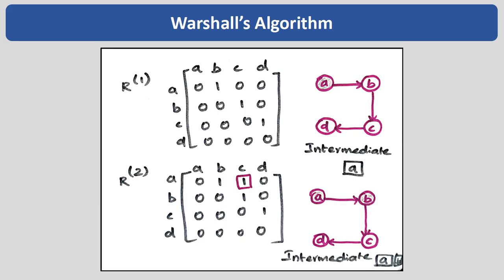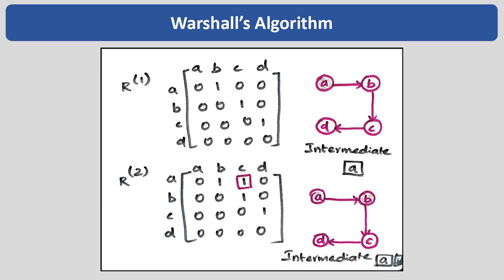But when you observe R2, now we are going to construct R2, right? So you just see A and B remain same. Just look at the matrix in the first row. A to C. See, A to C means now what are the intermediate elements? A and B. In R2, the intermediate elements are A and B. In R1, the intermediate element is A. So now A to B, B to C. So via B, A is connected to C. It is not directly connected to C, but via B it is connected.